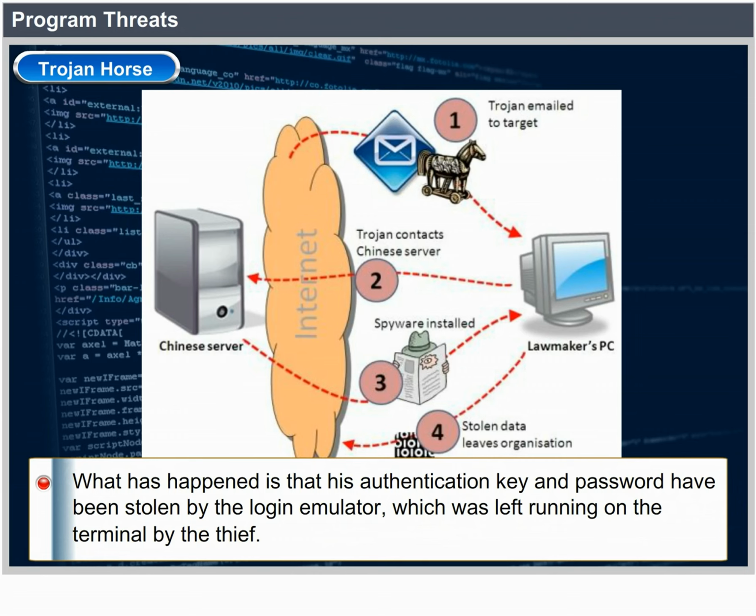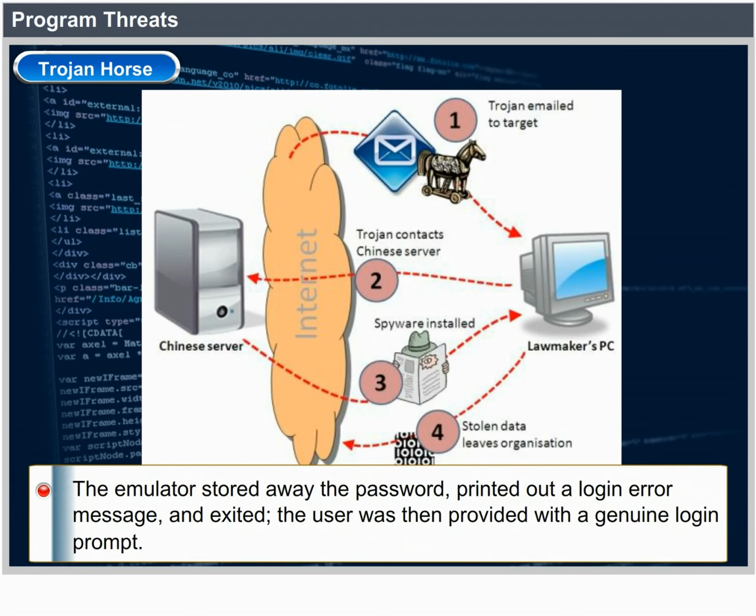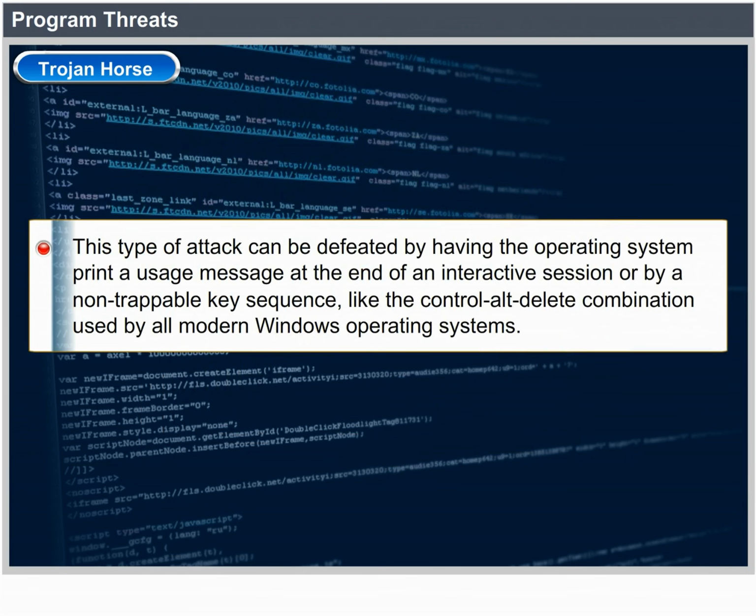The emulator stored away the password, printed out a login error message and exited. The user was then provided with a genuine login prompt. This type of attack can be defeated by having the operating system print a usage message at the end of an interactive session, or by a non-trappable key sequence such as the Ctrl-Alt-Delete combination used by all modern Windows operating systems.